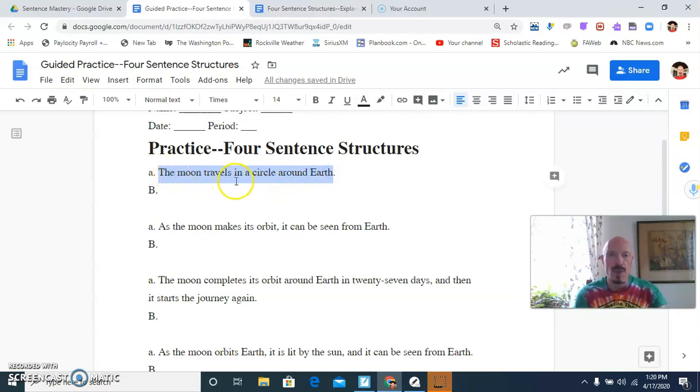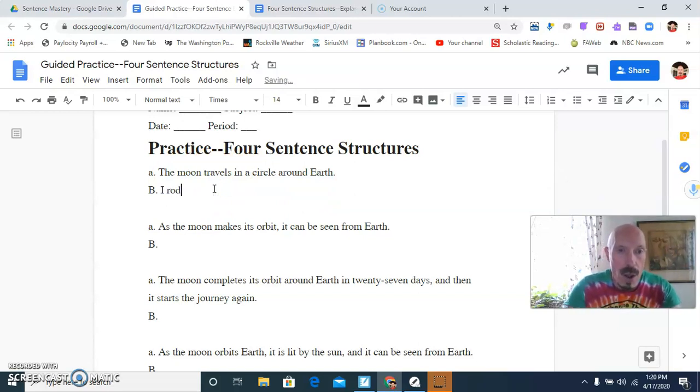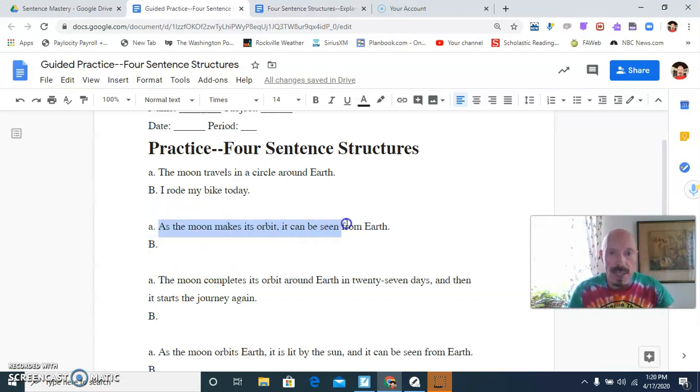Here it says the moon travels in a circle around the earth. There's one subject and one verb. So just come up with a sentence that uses one subject and one verb. I rode my bike today. Okay? And then here we go. As the moon makes its orbit, it can be seen from Earth.